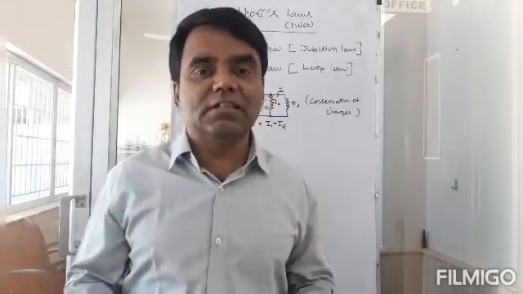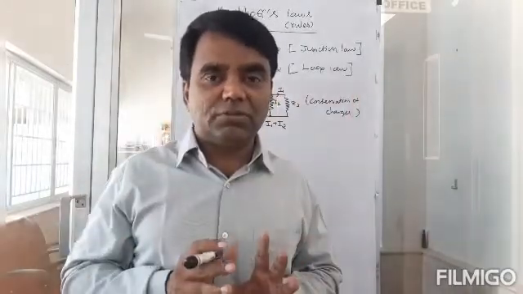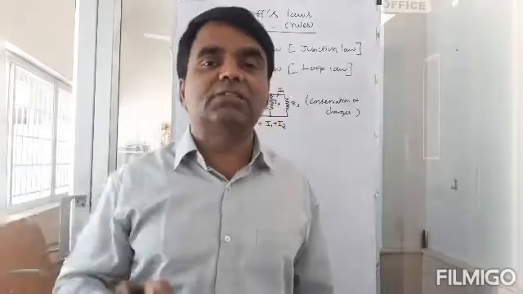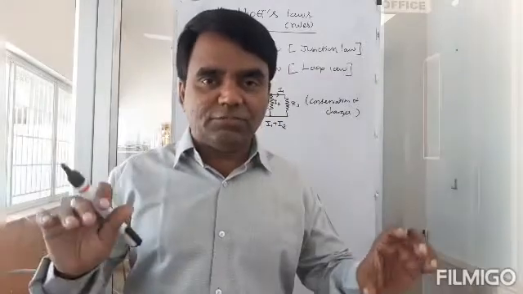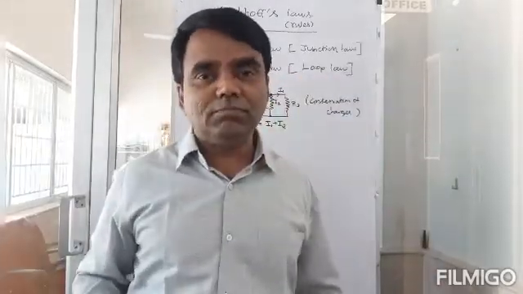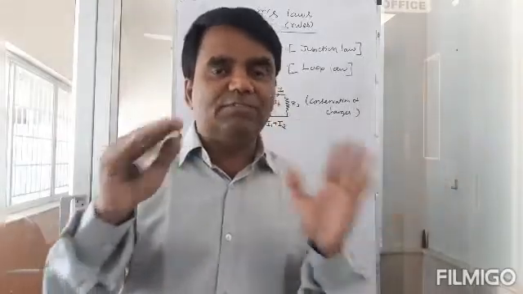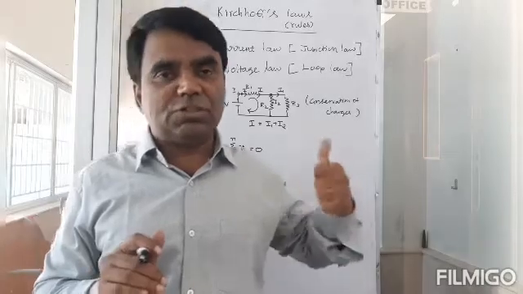All it says is that in an electric circuit, at a junction, the amount of current entering the junction is equal to the amount of current leaving the junction. Think of a water pipe. The amount of water entering will be equal to the amount of water leaving. Okay? So that is the first law, the first rule.